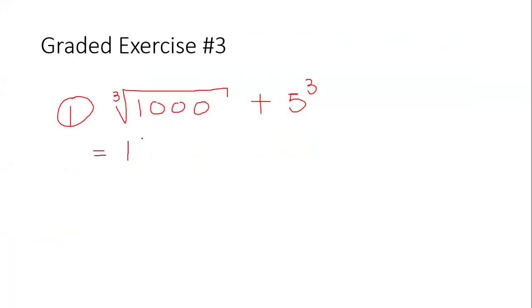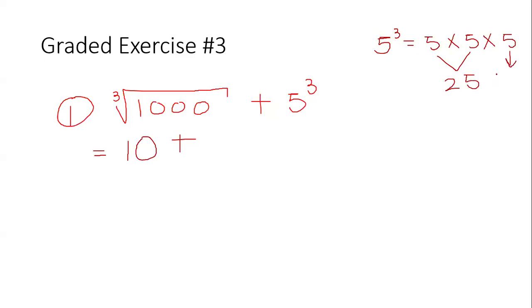Plus 5 cubed is what? 5 cubed is 5 times 5 times 5. 5 times 5 is 25, and 25 times 5 is 125. Very good.